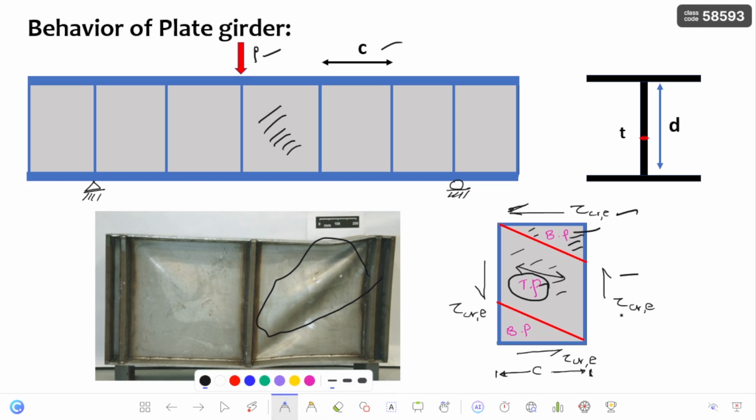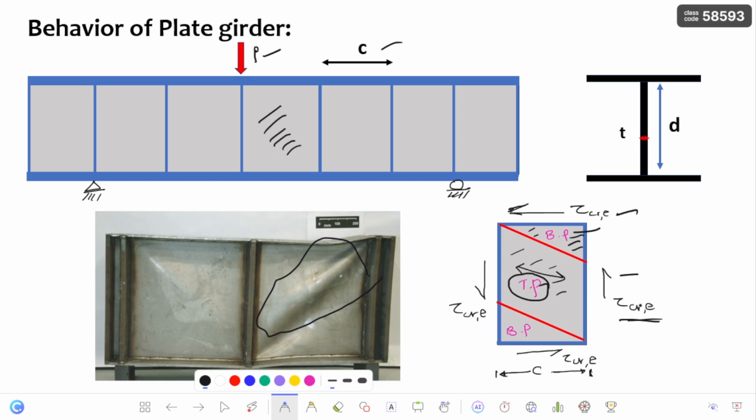Now here you can see this is tau CRE, the shear stress which is going to be generated in the web panel. Tau CRE is nothing but the elastic critical shear stress, and this is the maximum stress which is going to be resisted by the web panel before buckling.